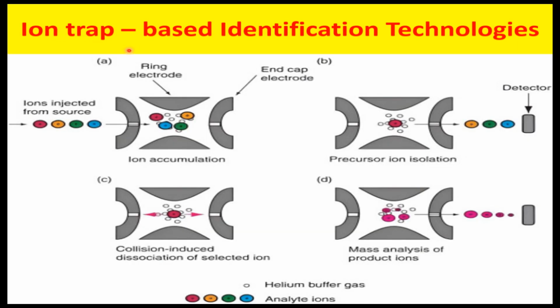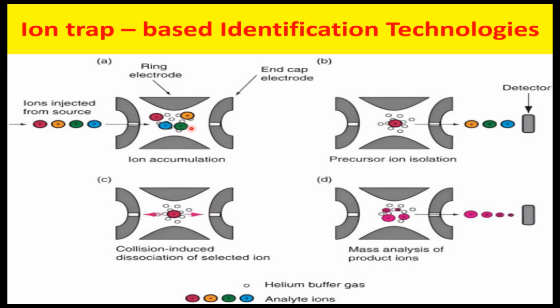Ion trap method, as the name suggests, ion trapped. Ions are injected from the source. You can see differently colored ions are injected from the source onto these hyperbolic rings on all sides. And when they are inside, what happens?